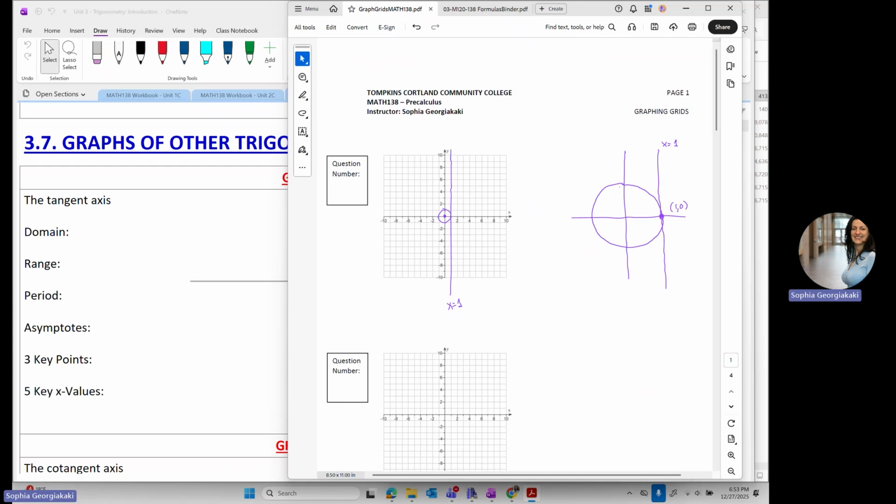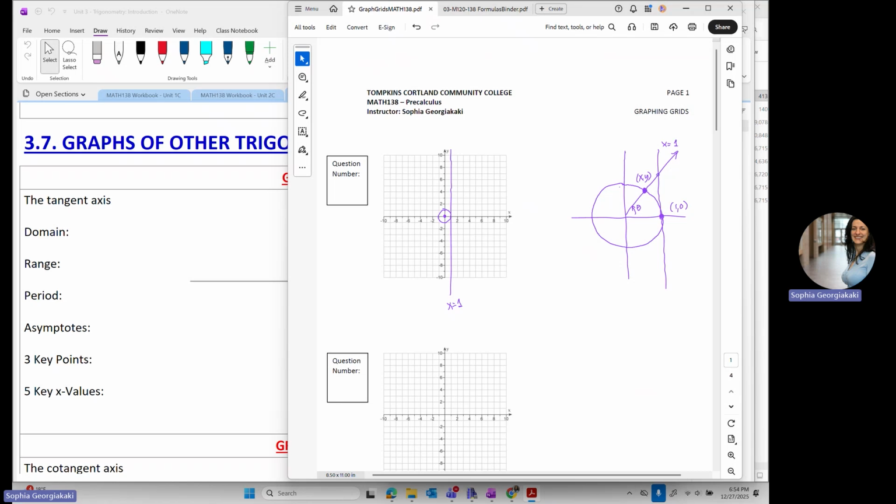And assuming that I have a random rotation theta, this is the terminal side of theta. Let's say this is theta. We know that the point on the circle that is the intersection of the terminal side of theta and the circumference of the circle has coordinates (x, y) that correspond to the cosine and the sine of theta, because the radius of the unit circle is 1.